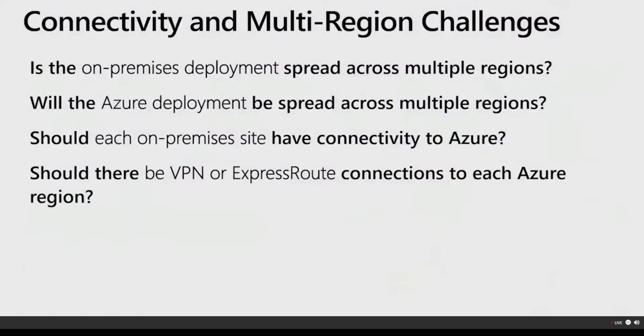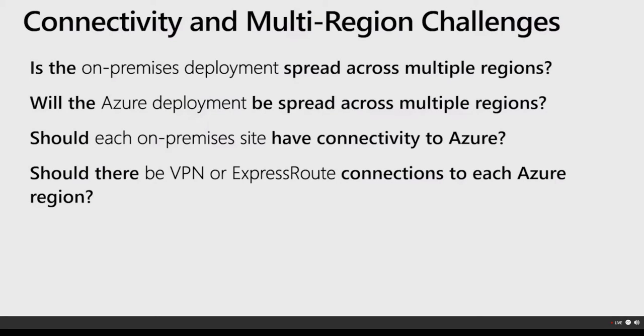One of the challenges around a hybrid network deployment will be determining how to route traffic between offices and whether or not each office requires its own independent VPN or ExpressRoute connection into Azure. This leads us in to look at Azure Virtual WAN, which might solve both problems. So Tailwind Traders needs to ask whether their on-premises offices are in multiple regions.